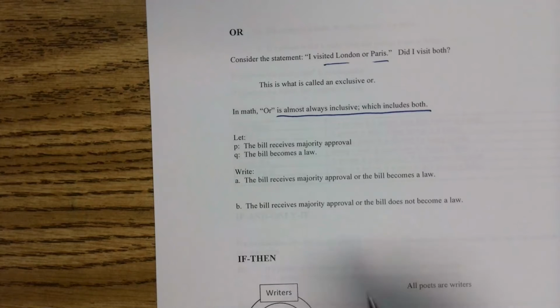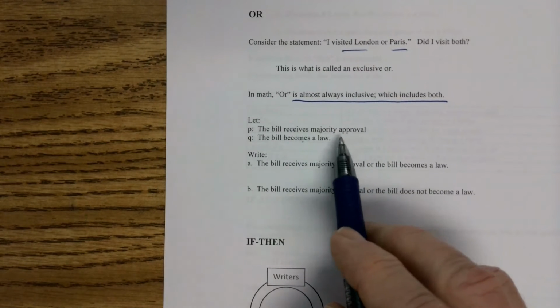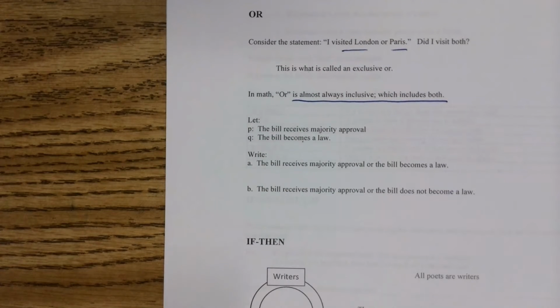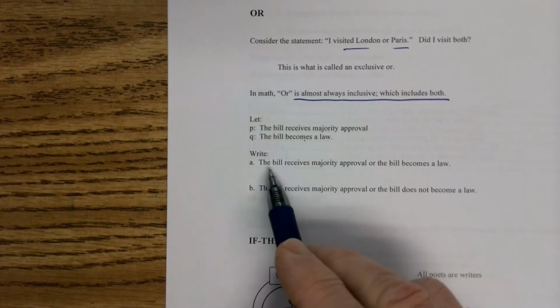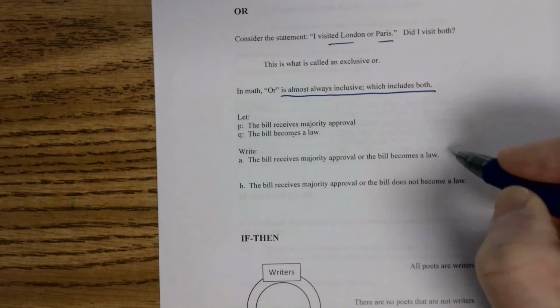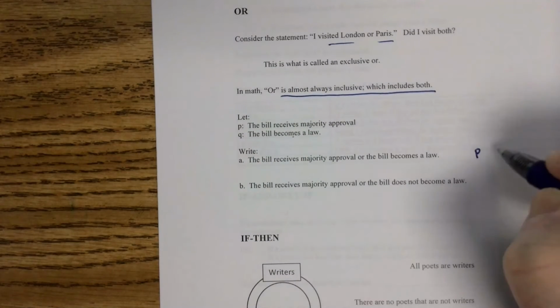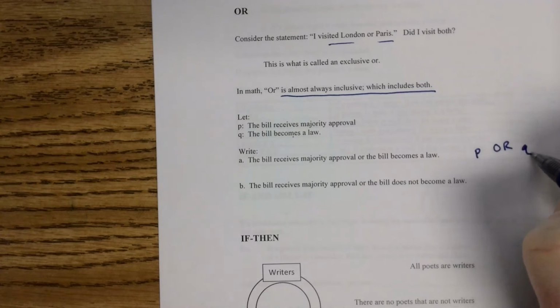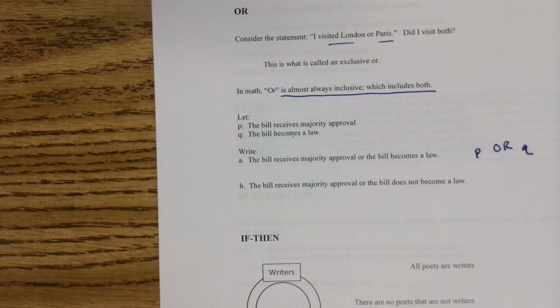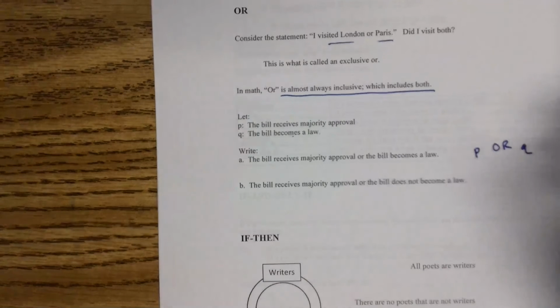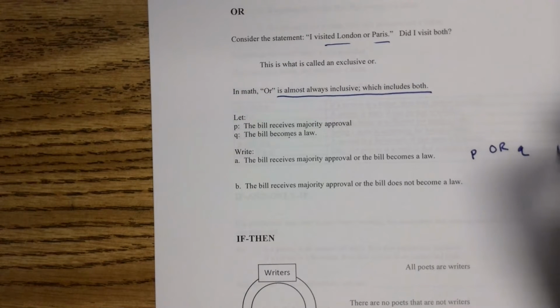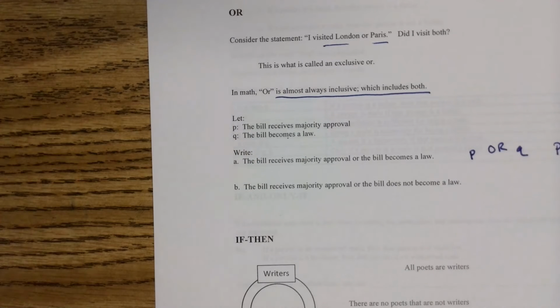All right. The bill receives majority approval. The bill becomes a law. So how are we going to write bill receives a majority approval or the bill becomes a law? That's P or Q, right? However, we don't want to write the word or, so what are we going to do? We're going to take the and symbol and flip it upside down.